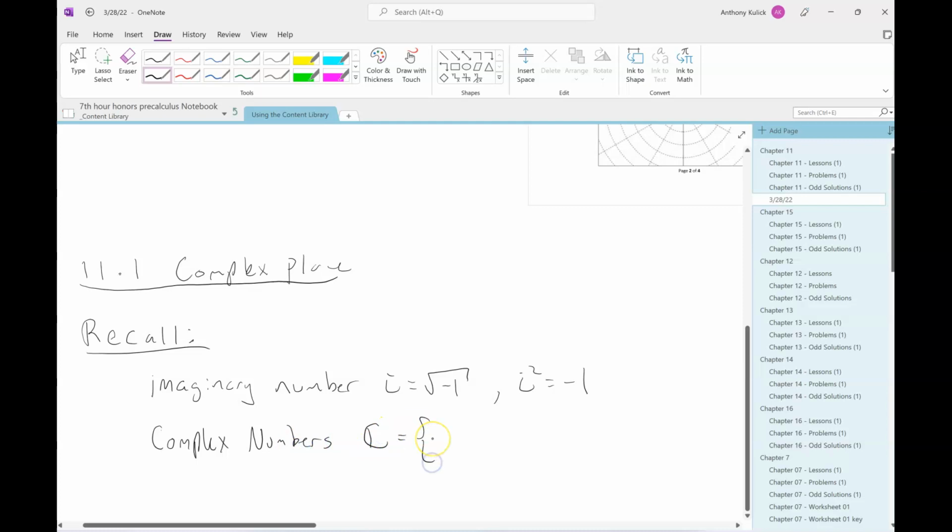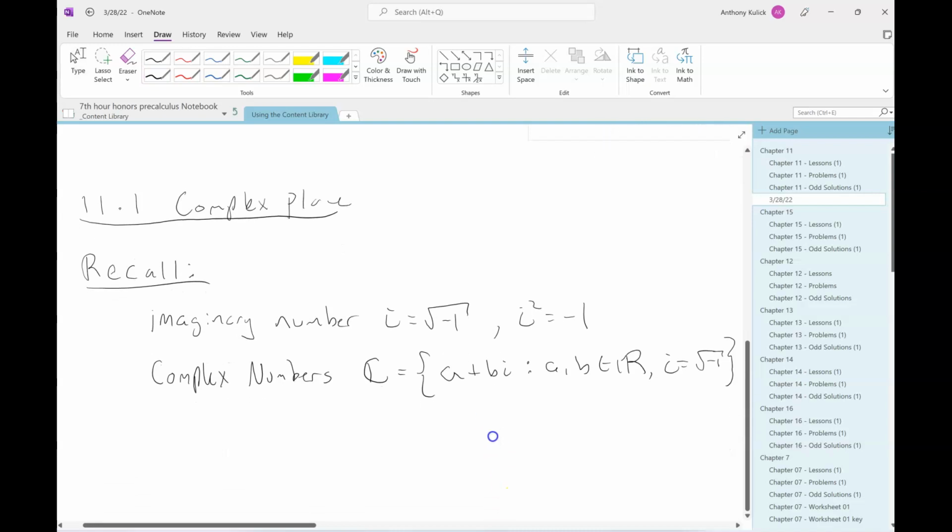The symbol we use for that set is like the C with the bar in it. And those complex numbers are of the form a plus bi, where a, b are real numbers, and i is that imaginary number. So this a part we call the real part, and the bi piece we call the imaginary part.